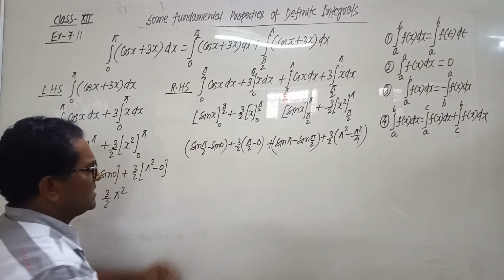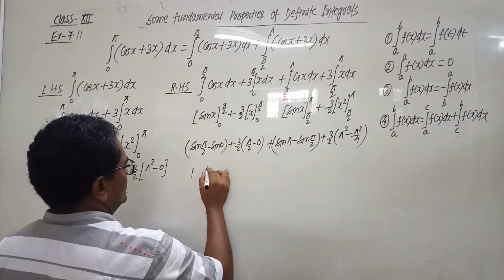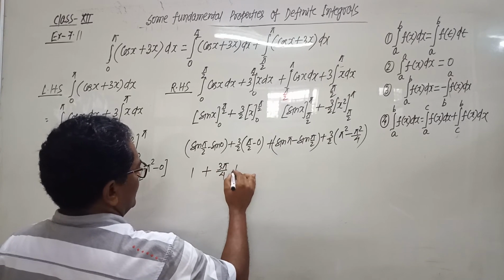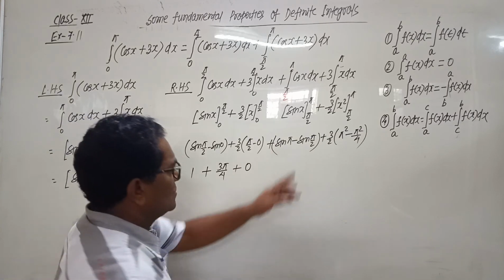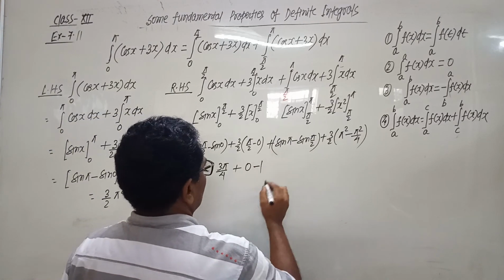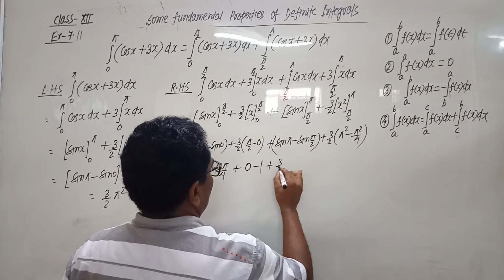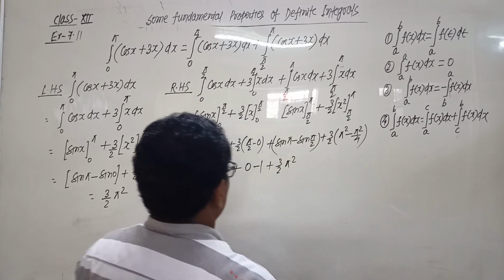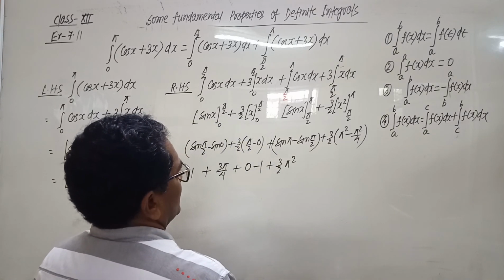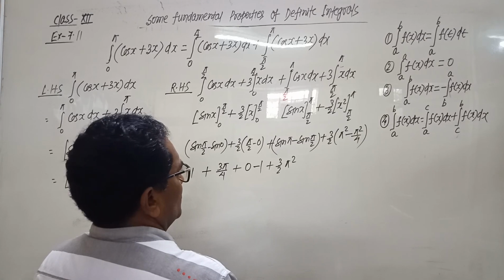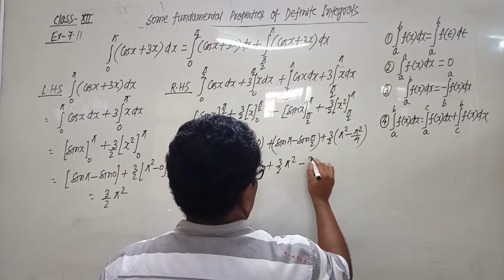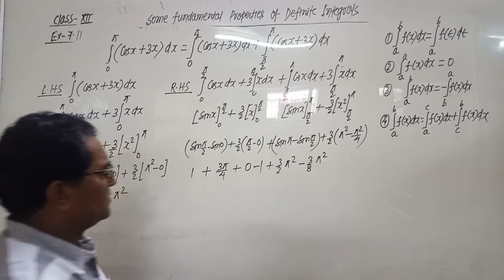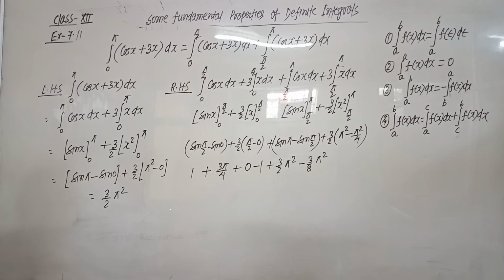Now the value of sin pi by 2 is 1, sin 0 is 0, plus 3 pi square by 8. The value of sin pi is 0, the value of sin pi by 2 is 1, plus 3 by 2 pi square minus 3 by 8 pi square.